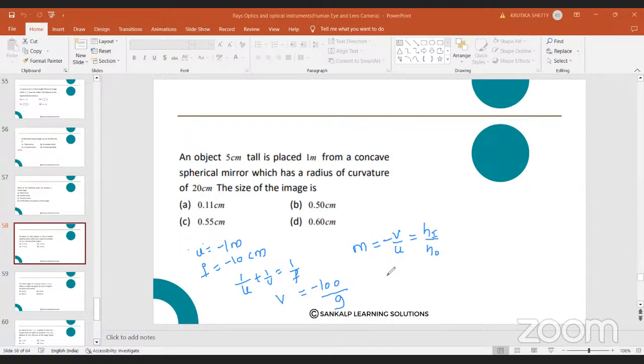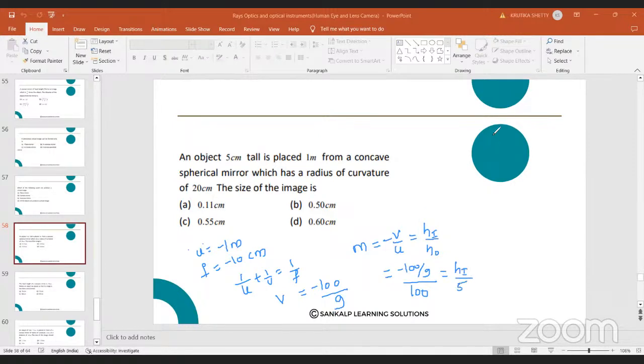So what is this v value? We have just now calculated. It is minus 100 divided by 9. And what about the object distance? In terms of centimeter, it will be 100 centimeter. Yes. So if I simplify this, the object height is given. Object height is 5 centimeter.